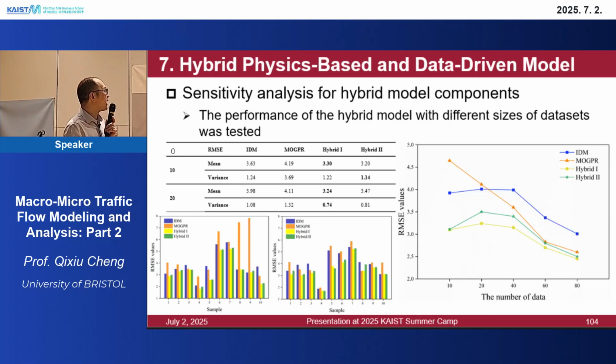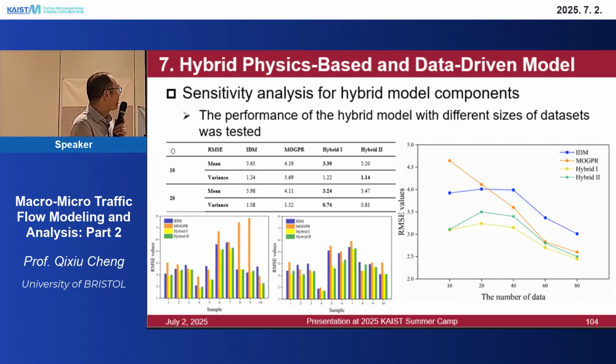Then we compare the results for IDM, MOGPR, hybrid 1 and hybrid 2. When the number of conforming pairs is very small, it's 10. The larger the RMSE, the worse the performance. We can see the IDM RMSE is lower than MOGPR, so IDM is better than MOGPR when the input data is small.